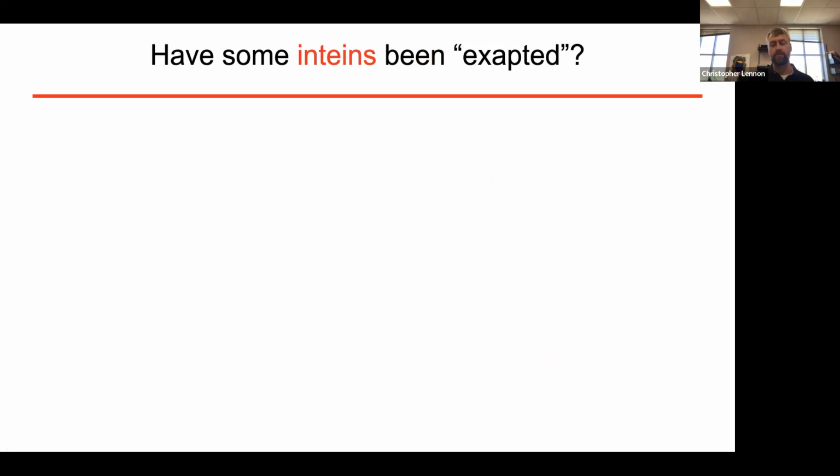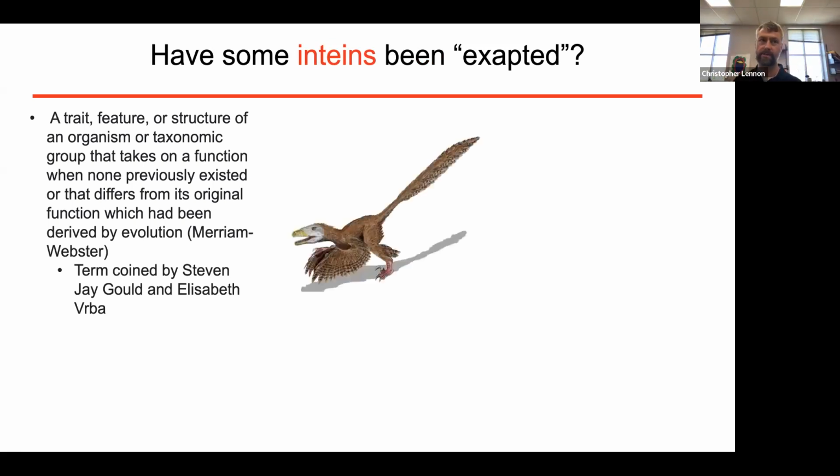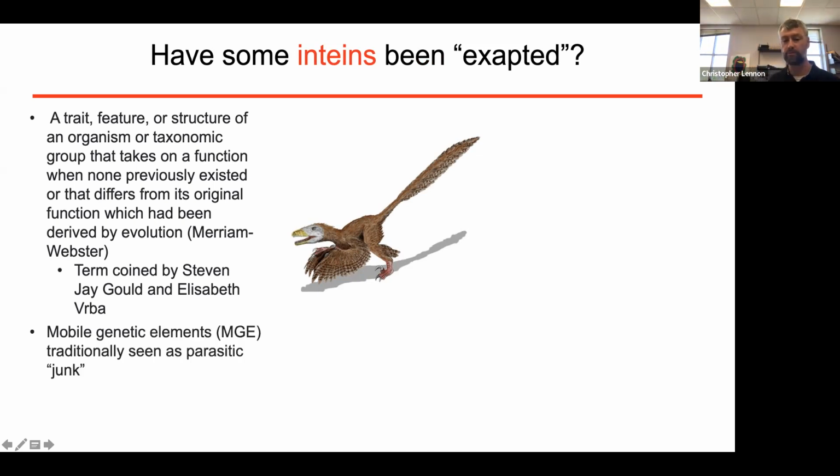So I want to introduce a term, exaptation. This is basically evolutionary retooling. The classic example of this is feathers in dinosaurs. Feathers didn't evolve for flight initially, but that's their purpose now. Initially, they came to be probably to keep dinosaurs warm. Mobile genetic elements are traditionally seen as junk DNA sequences, molecular parasites that provide no benefit to their host.